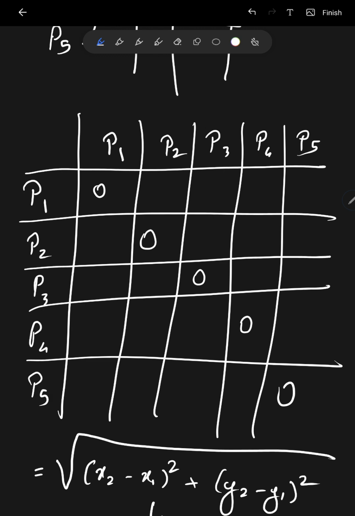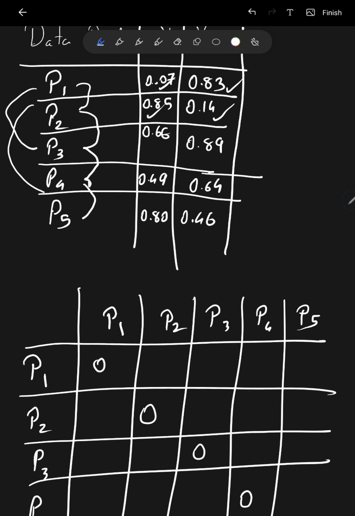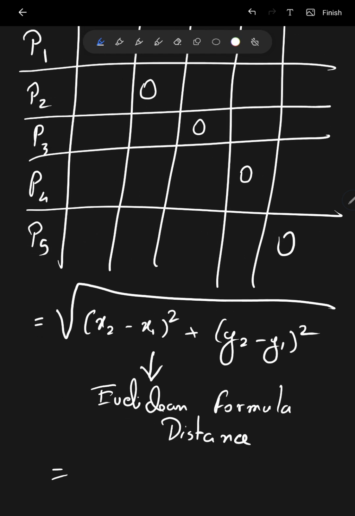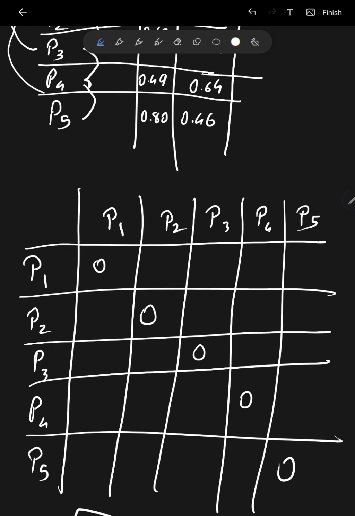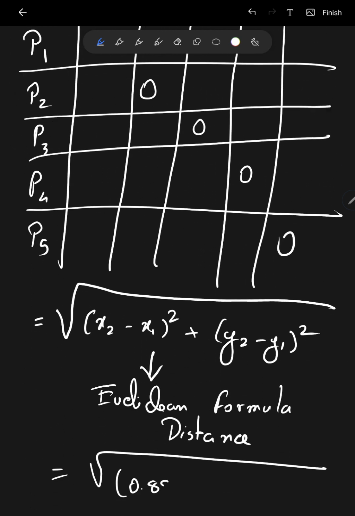So one is the distance between p1 and p2. Here x2 is this, x1 is this, and y2 is this and y1 is this. If you put these values in the formula, the distance between p1 and p2 is the square root of (0.85 minus 0.07) whole square plus (0.14 minus 0.83) whole square.